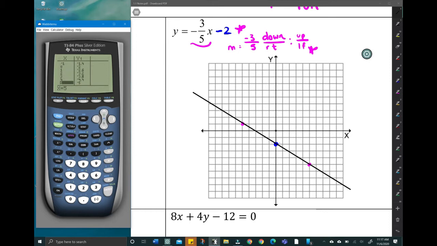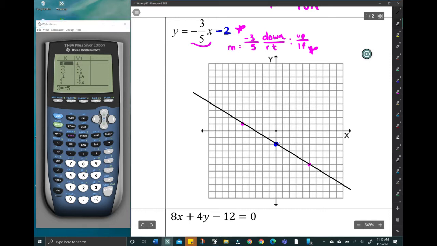You could graph some of the nicer points here, the non-decimals, something like -5 and 1. And that's a great way to check your work as well. So be aware of that technique with your calculator. It has to be solved for y in order to use a graphing calculator.